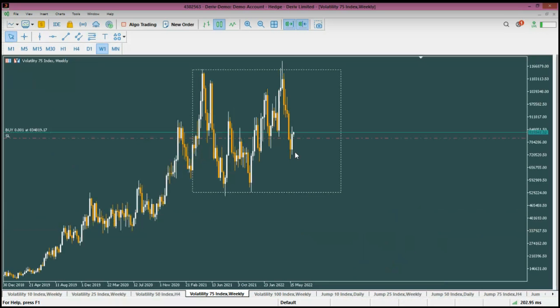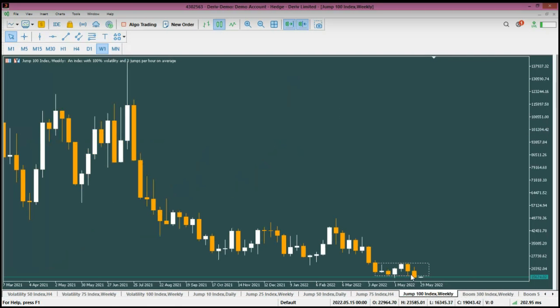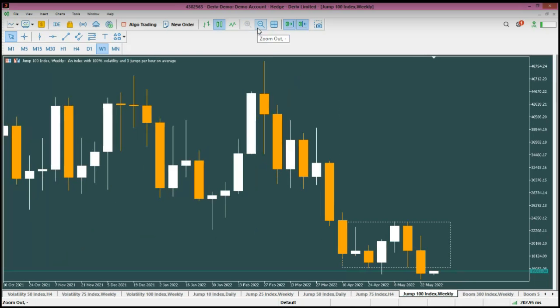Now let's go to Jump 100. Ladies and gentlemen, Jump 100. As you can see, this is our previous week, meaning our last week's weekly candle. So what is happening here, guys, is that we need to be careful with this one.